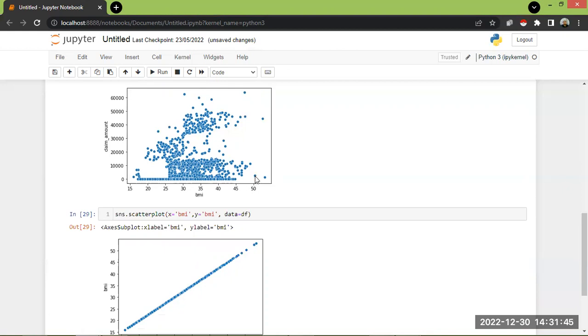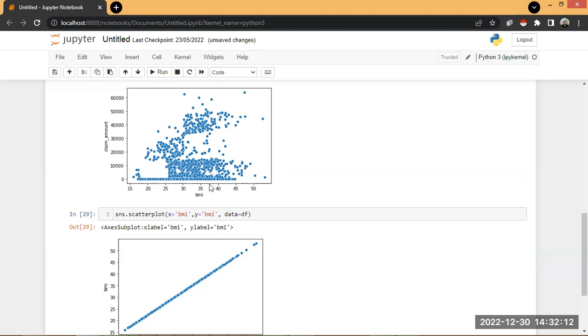Now, what this is telling us is that the person probably has no insurance claim, the person has no savings or something, or the person is healthy enough not to have an insurance claim. But yet, we can see someone in his 30s having an insurance claim close to $60,000 or 60,000 rands or 60,000 naira, depending on the currency you're working with.